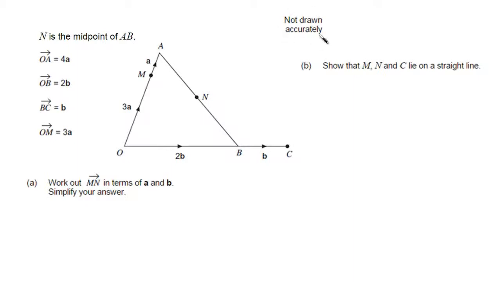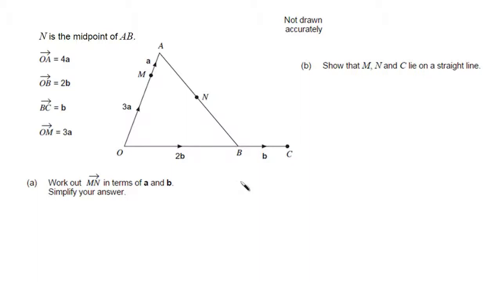Well, you can't use a ruler because it's not drawn accurately, and the point about mixing terms just indicates that people didn't understand how we work with vectors and what the notation means. So you really do need to understand vectors fairly thoroughly to tackle a question like this, but once you have understood it, it's a fairly straightforward, fairly predictable kind of question to work out the correct answers for.